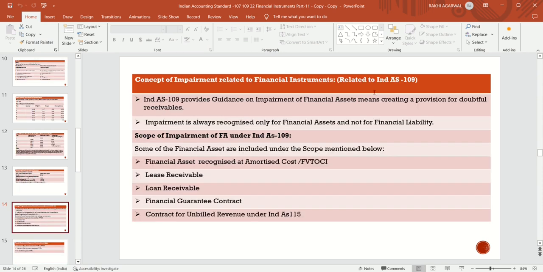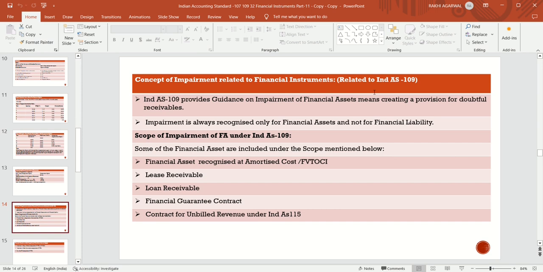Now the concept of impairment related to financial instrument. What is the concept of impairment? Impairment is the reduction in the value of the asset, whether it is a financial asset or non-financial asset. Financial asset is covered under IND AS 109 and non-financial asset is covered under IND AS 36.